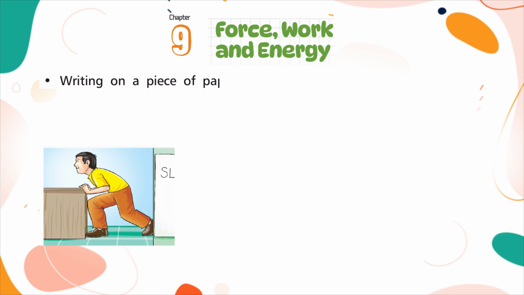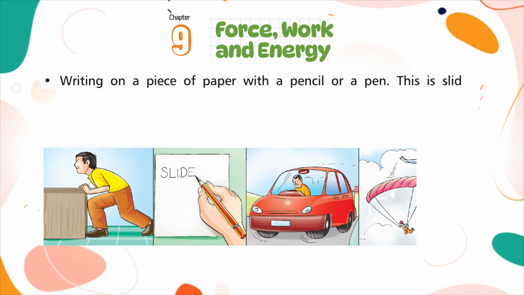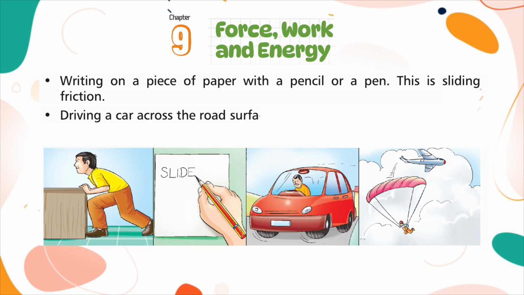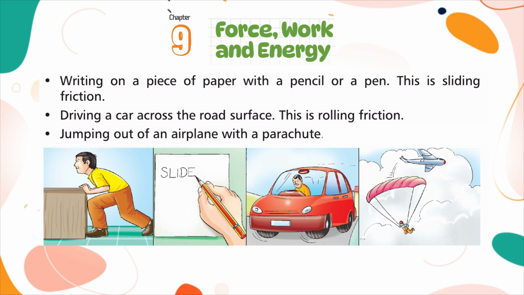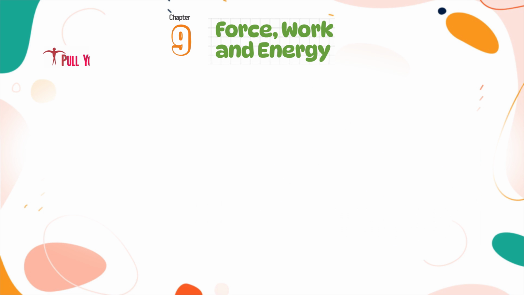Writing on a piece of paper with a pencil or a pen: this is sliding friction. Driving a car across the road surface: this is rolling friction. Jumping out of an airplane with a parachute: this is fluid friction.